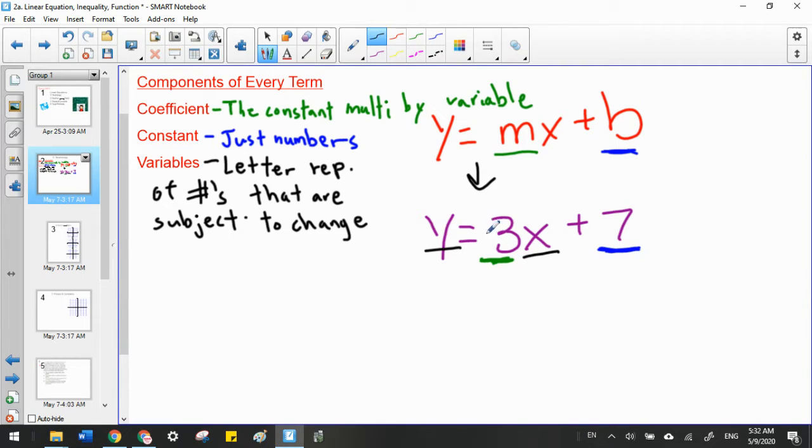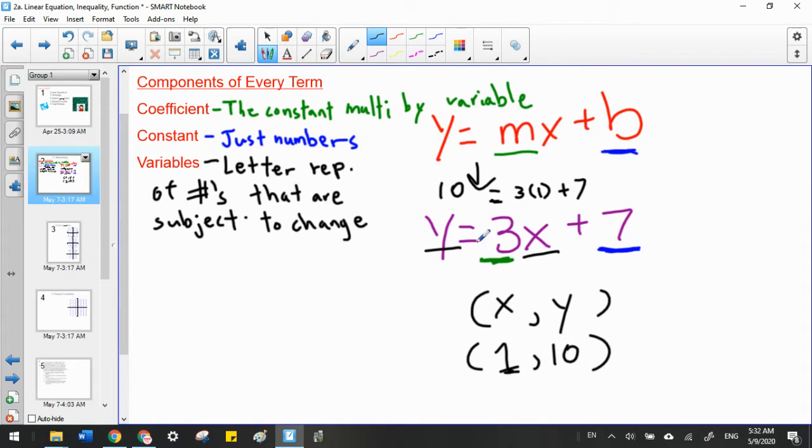If I plug in a value for x, and I do this in the form of a coordinate where the first number is always x and the second number is always y, and I stick a 1 in for the x value, then I have 3 times 1 plus 7, which is equal to 10. So now I have a different result for the y value, which is 10. So one point that I would be able to graph with this equation is the point (1, 10). And if I plug in 2, 3 times 2 is 6, plus 7 is 13. So another point I have is (2, 13).